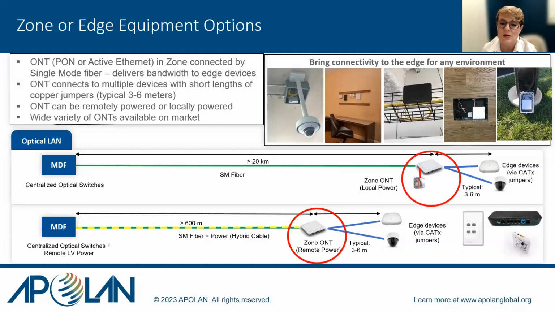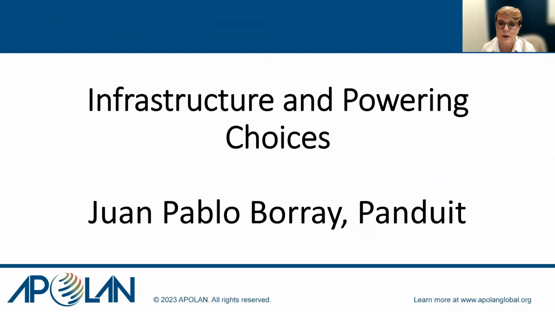Again, this 600 meters and beyond distance really helps us to get to the far edges of the network. So those are some of the equipment options that we have. And now I think on the next slide, I'm going to hand you over to Juan Pablo from Panduit, who will talk a little bit more about the passive infrastructure and the powering choices.